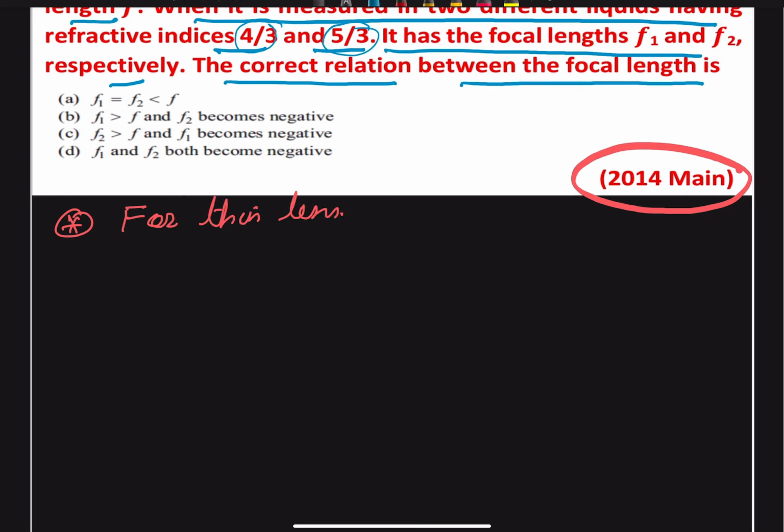We can write that the focal length in a medium is given by: 1 upon f is equal to refractive index of lens divided by refractive index of the medium minus 1, times 1 upon R1 minus 1 upon R2.